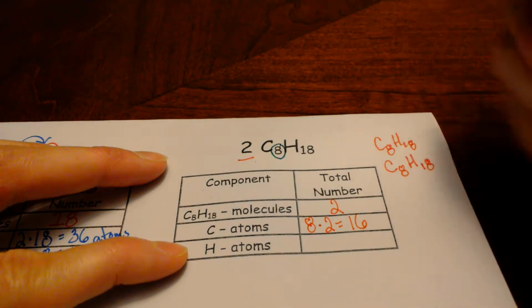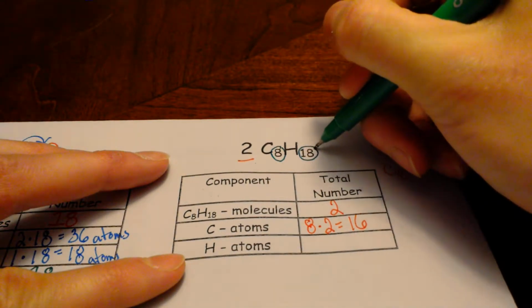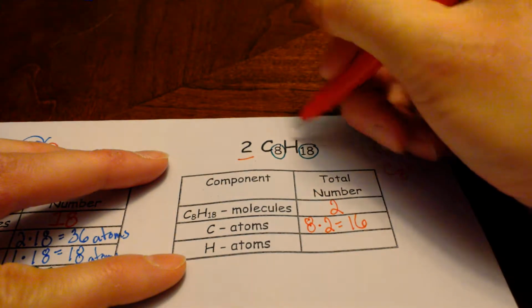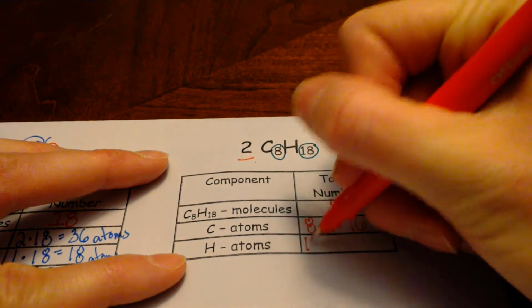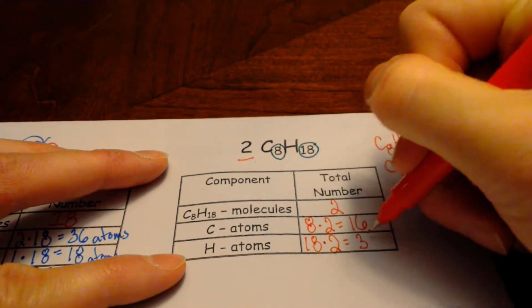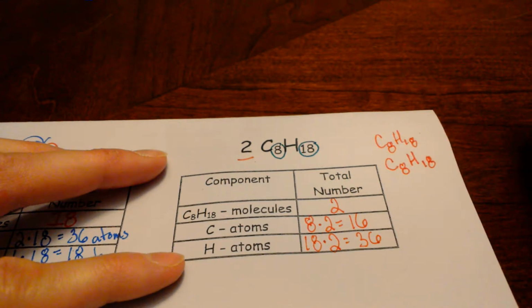The same way I'm going to apply for the hydrogen. The hydrogen has a subscript of 18, so I'm going to take that 18 and multiply it by the coefficient. 18 times 2 equals 36, so I have 36 atoms of hydrogen.